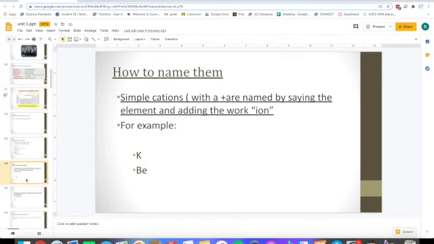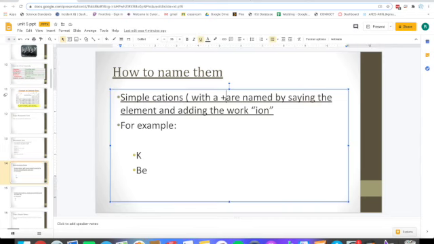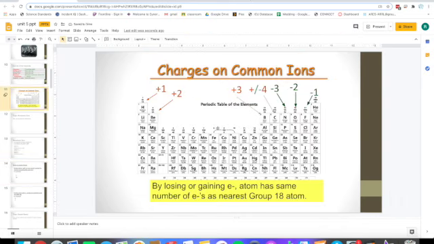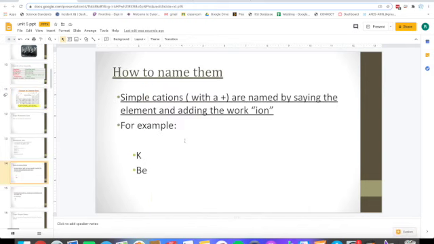So first we're going to talk about how to name them. Remember, you do need to be typing out what's underlined in your notes section. First we're going to name simple cations, or ones with a plus charge. They are named by saying the element and then adding the word ion. So for example, we have K. First we need to make that an ion, so let's find K. K is right here in this first column, so it's going to have a +1 charge.